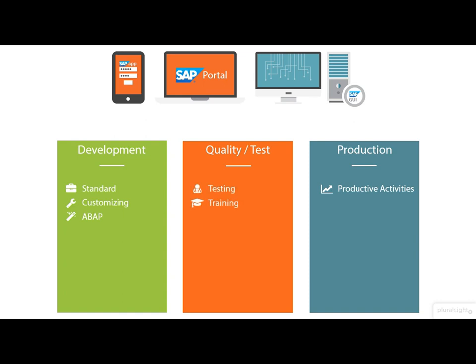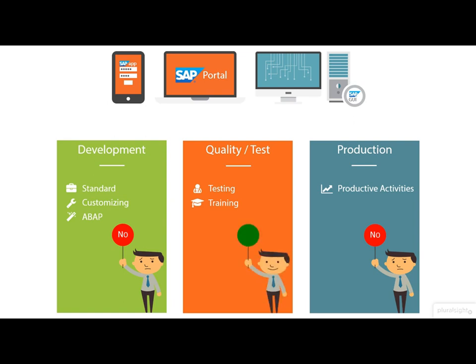And what about testing and trainings? On the one hand, the development system usually doesn't have enough valid data to test. And on the other hand, it's not advisable to generate test and training data in the productive environment.